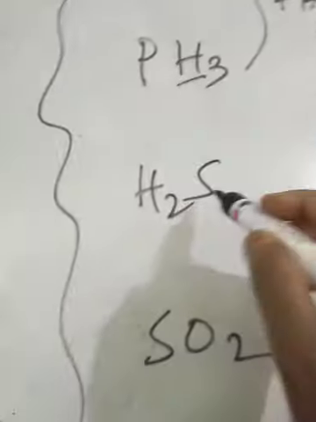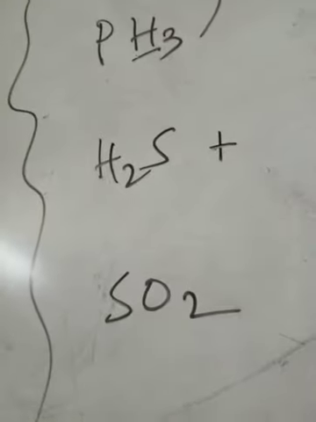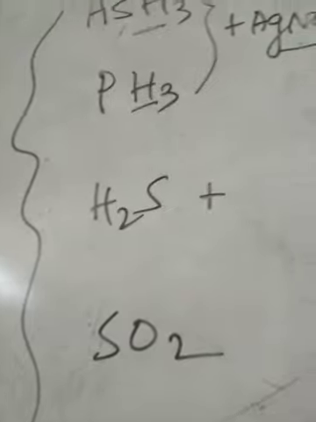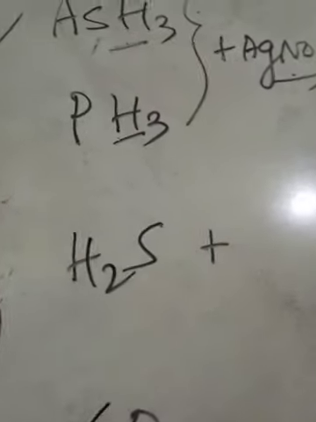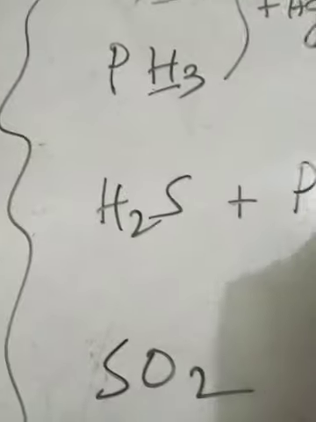Now to remove H2S gas, the pipe through which hydrogen is passing is to be passed through lead nitrate solution.